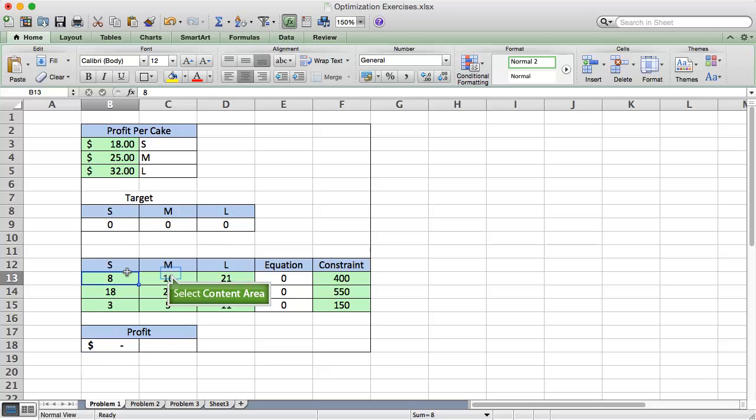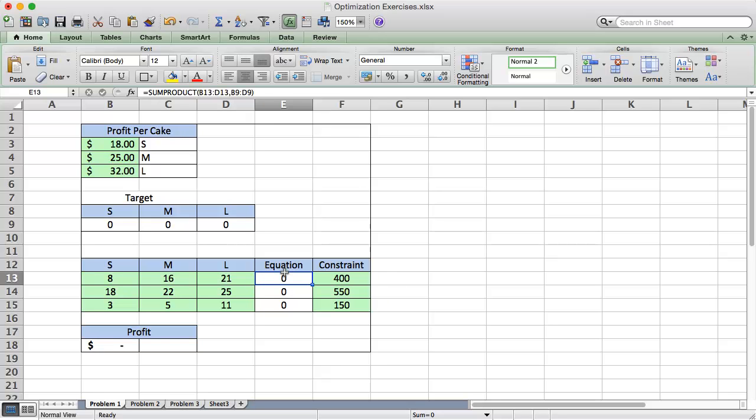So I have input the ingredient amounts for flour, sugar, and cocoa powder for each type of cake. And then I've added cells to specify that constraint maximum, 400 ounces, 550 ounces, and 150 ounces.